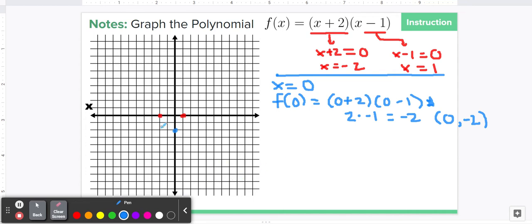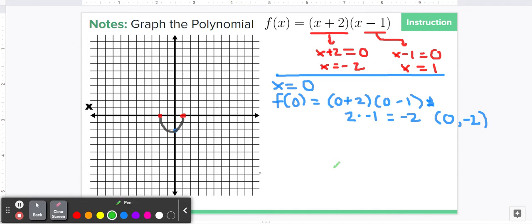That tells us the behavior in between those dots, and we can start sketching roughly what we think our graph might look like in between. It'll have a U shape, because remember, polynomials will have nice smooth curves.